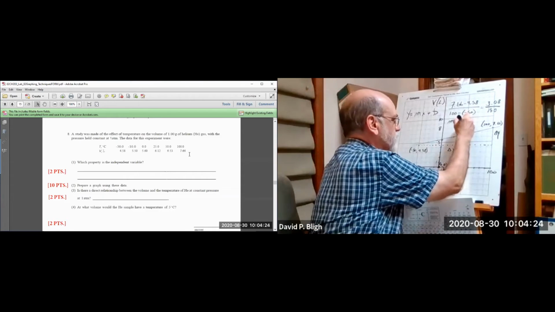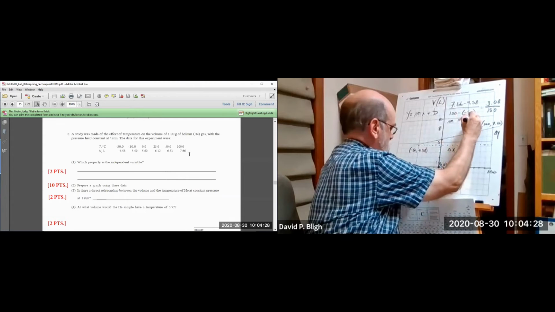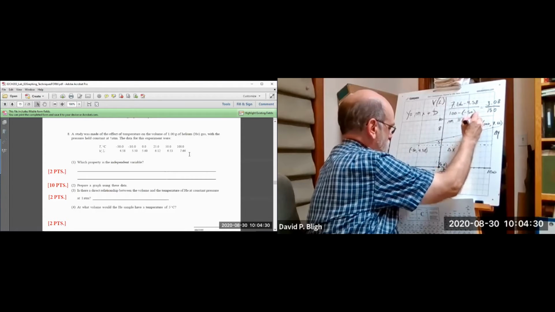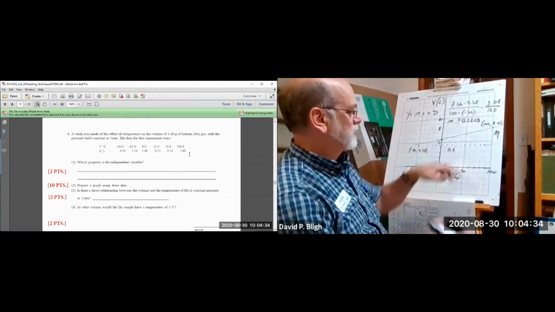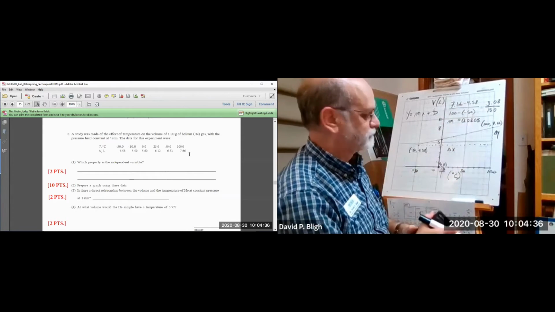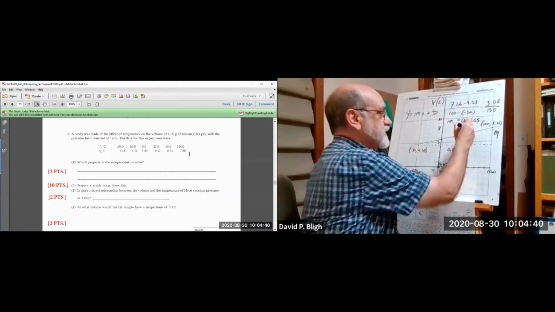Let's put it in standard for here. 0.0205. 3 significant digits. Okay. So that's the slope of the line.